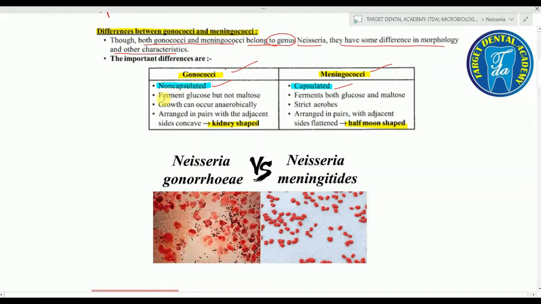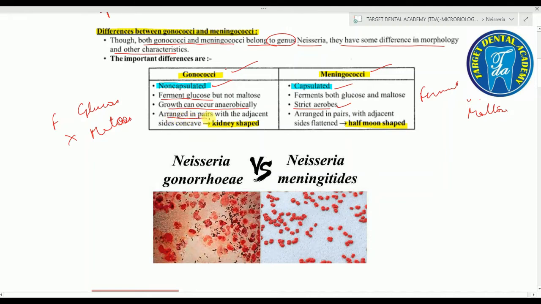The gonococci ferment glucose but not maltose, while the meningococci ferment both glucose as well as maltose. Growth can occur anaerobically in gonococci, while the meningococci are strictly aerobes.